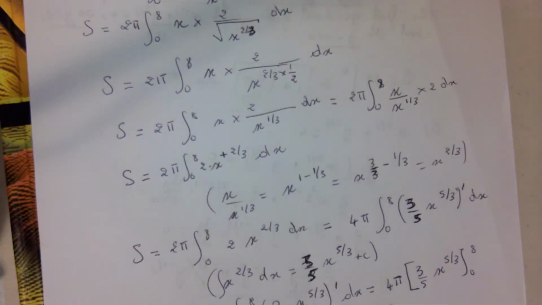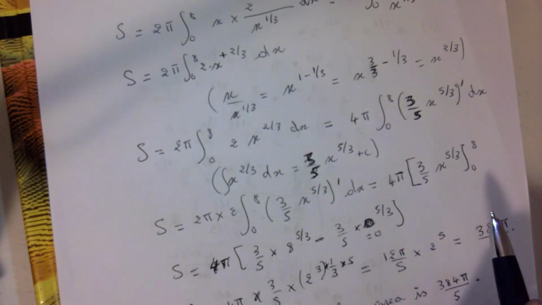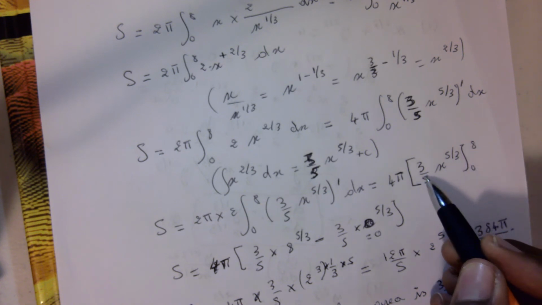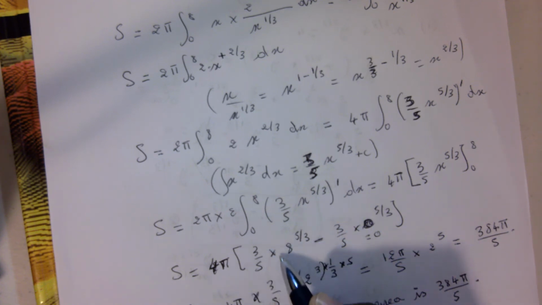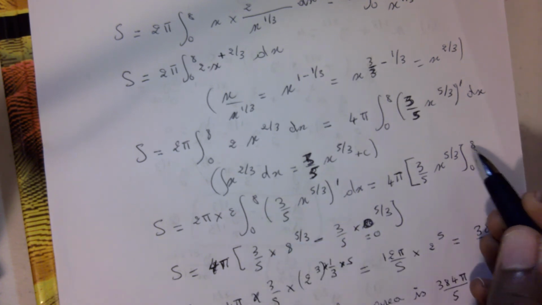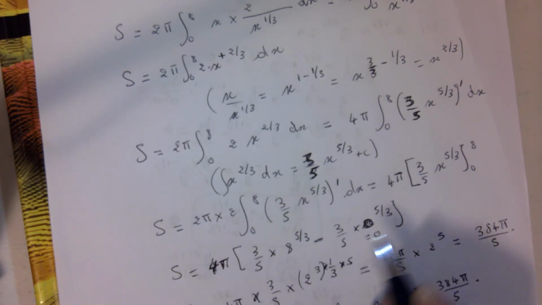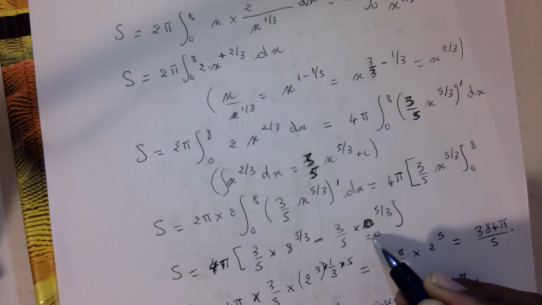So S is equal to 4 pi, square brackets from 0 to 8 of this entire antiderivative, which is the same thing as 4 pi multiplied by 3/5 times 8 to the power of 5/3 minus 3/5 times 0 to the power of 5/3, which is 0.